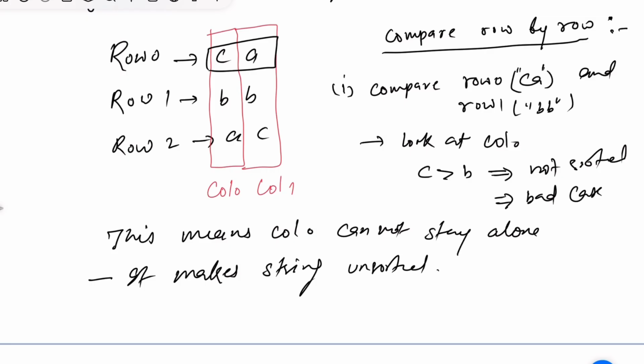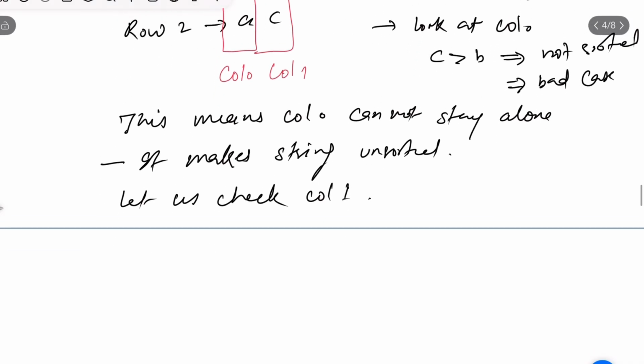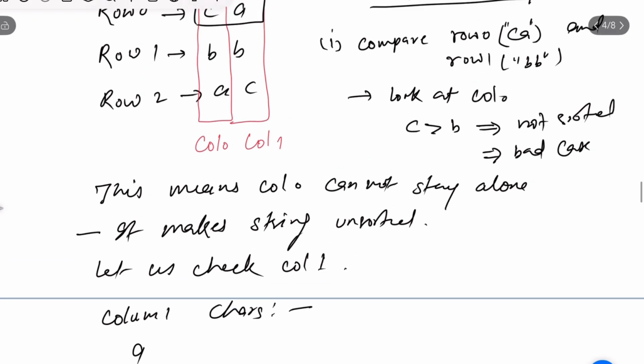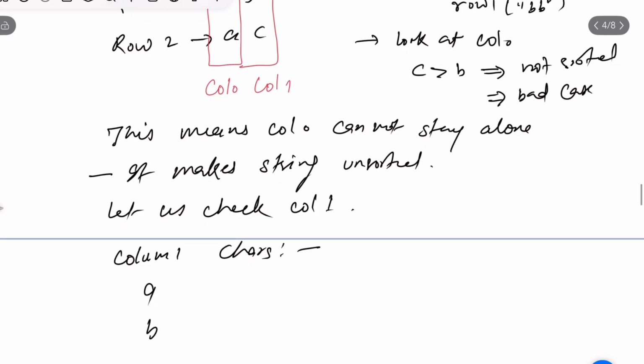So what should we do? Let us check column 1. In column 1, let's see, the characters we have are A, B and C.